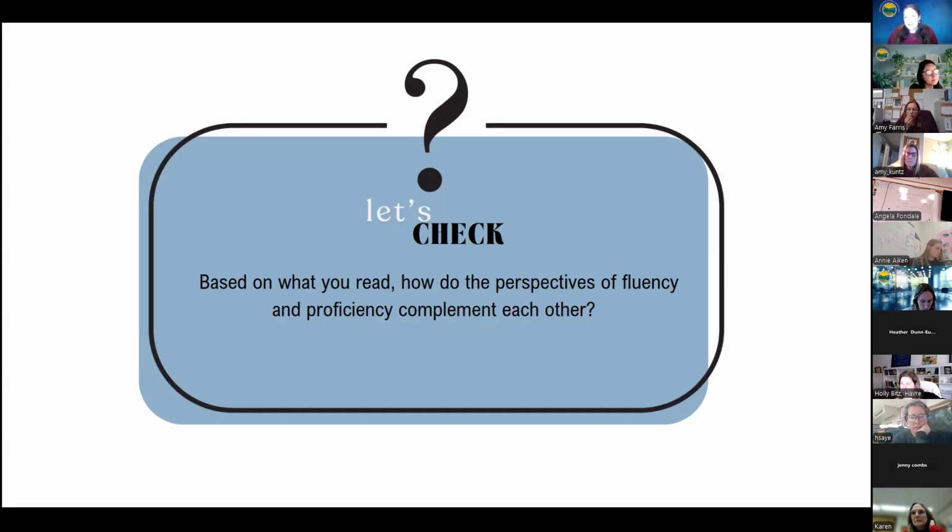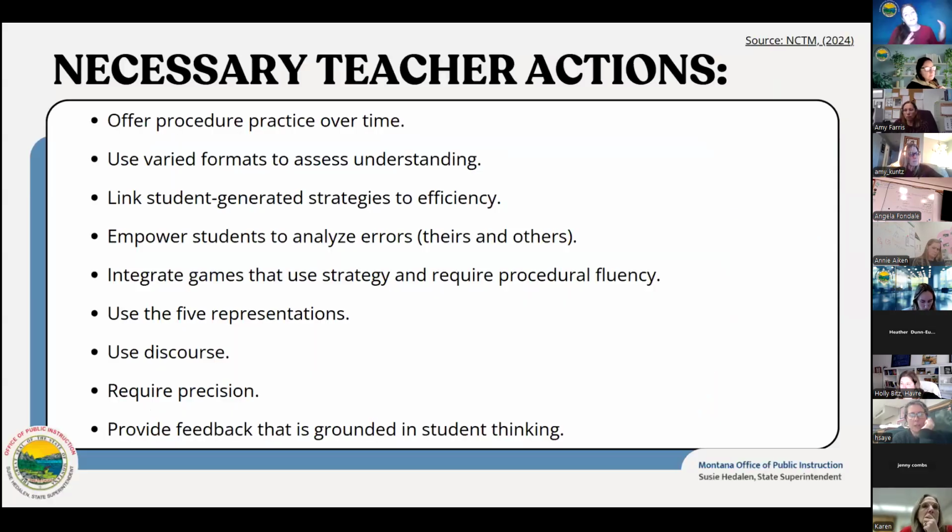Thank you. So some of you may have seen this one, but I wanted to cover some of the things that were necessary teacher actions defined by NCTM in that 5 strands document. If you didn't look at that one, you would have missed these. There are some things that NCTM recommends that teachers can do in order to build this specific part of that rope. They recommend offering a lot of procedure practice over time, using a lot of different methods of assessment in the classroom.